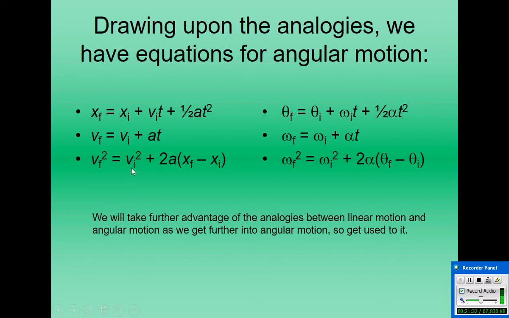V final squared equals v initial squared plus 2a times (x final minus x initial). Omega final squared equals omega initial squared plus 2 alpha times (theta final minus theta initial). Lots and lots of parallels between linear motion and circular motion.